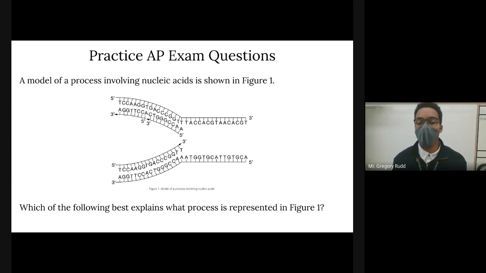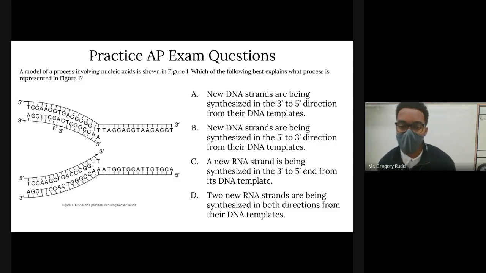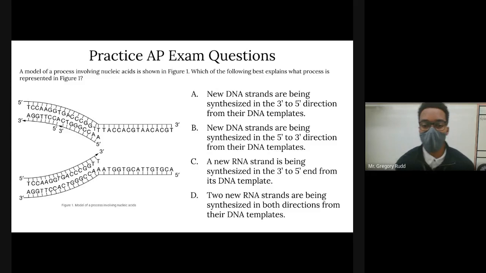So this is a multiple choice question, and before we've even looked at the answer choices, we already know what process is taking place here. So now we need to make sure that our answer matches up with what we have deduced already. So here are the answer choices. A, new DNA strands are being synthesized in the 3' to 5' direction from their DNA templates.